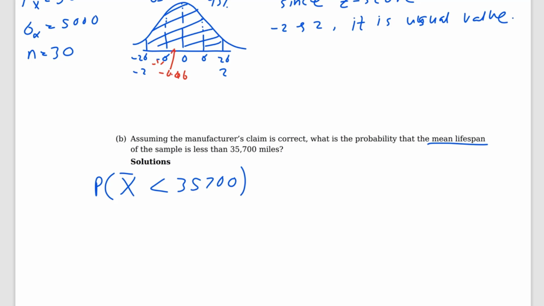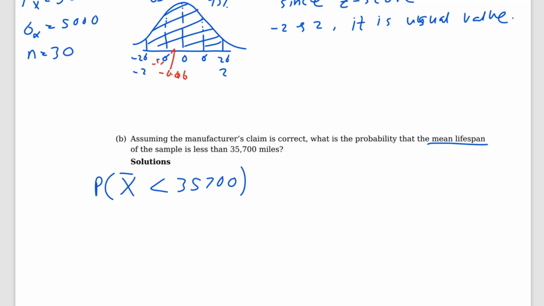But don't always think X. Now you have X bar also. Before we came to this chapter, it was always X. But now X bar also. Make sure you read the problem very carefully, because if you use X, you get it wrong.